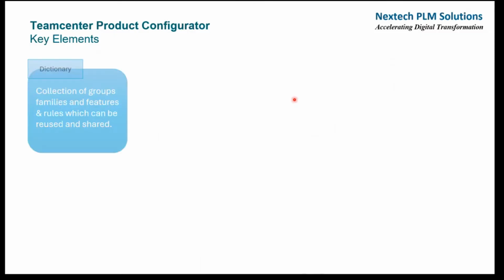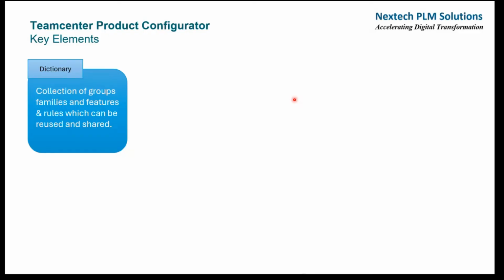When it comes to Teamcenter product configurator, the key elements start with the dictionary. A dictionary is a collection of groups and families of features. We'll come to these terminologies, like what families and features are.